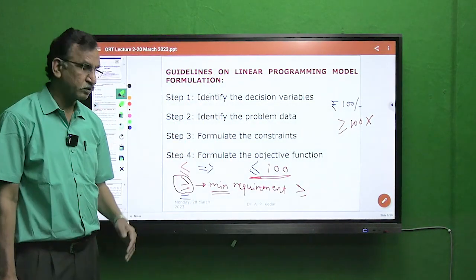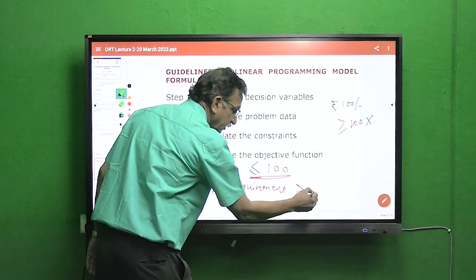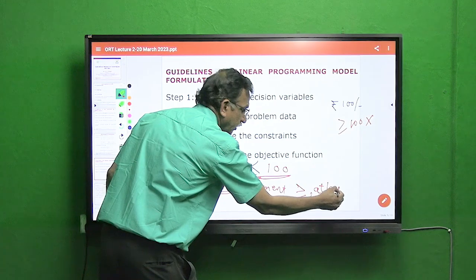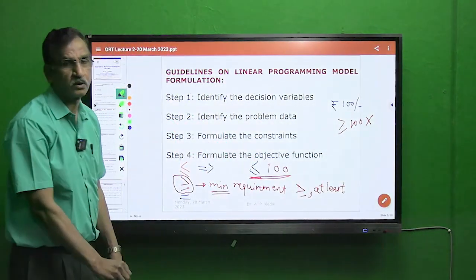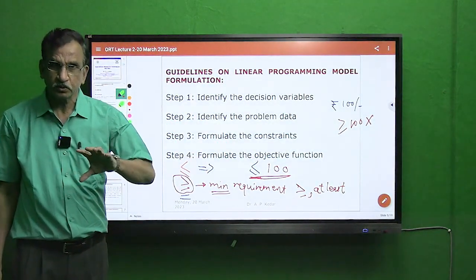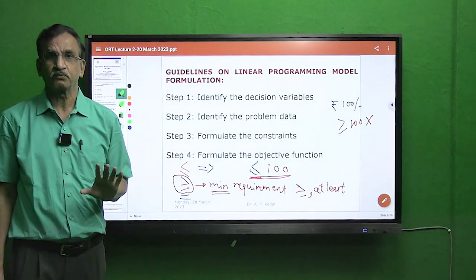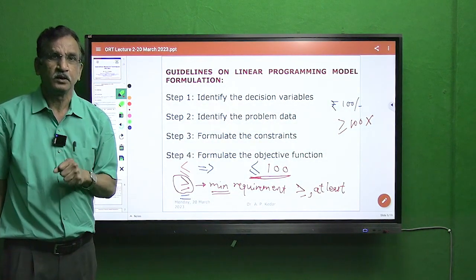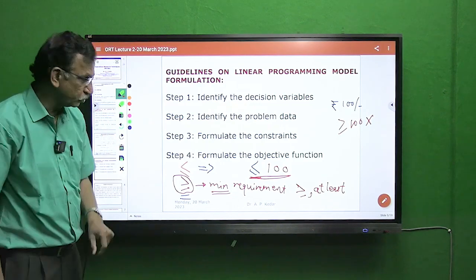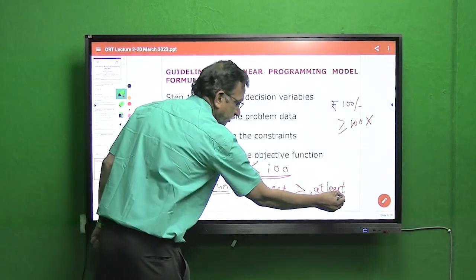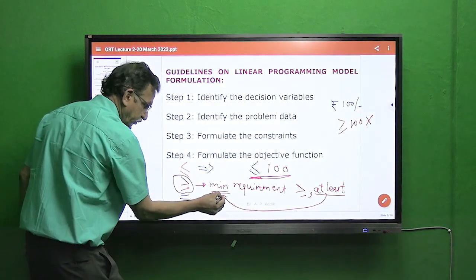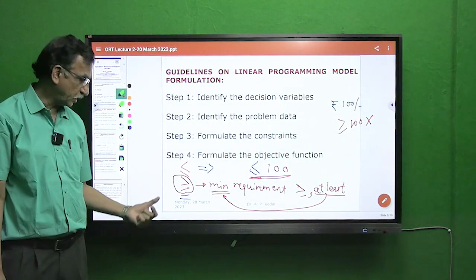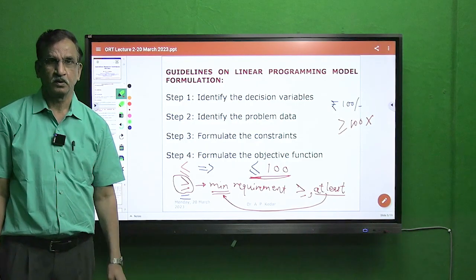Another word for this is "at least". The requirement of raw material to be satisfied is at least 5 kg. Again, that "at least" is taking you to minimum, so the sign has to be greater than or equal to.